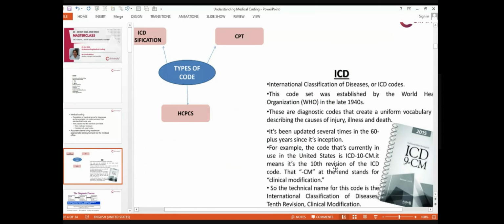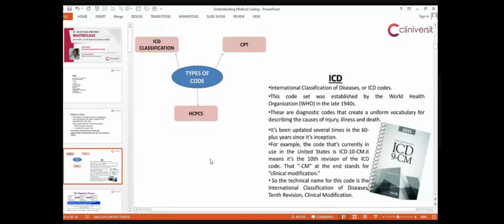Now, in the types of medical coding, you can see there are different types of medical codes categorized under ICD classification, CPT, HCPCS, and PCS. ICD is the International Classification of Diseases. Any disease with which a patient has suffered and received medical treatment, the codes for that come under this category.